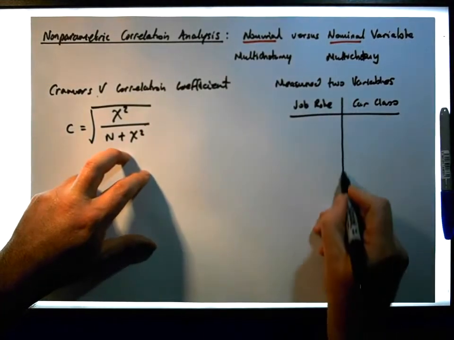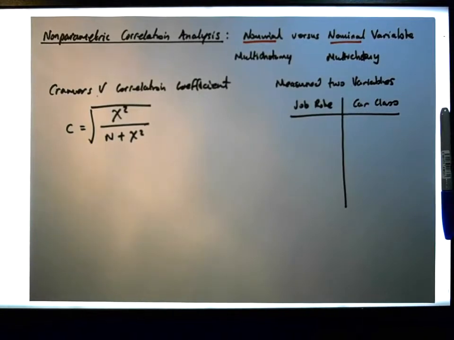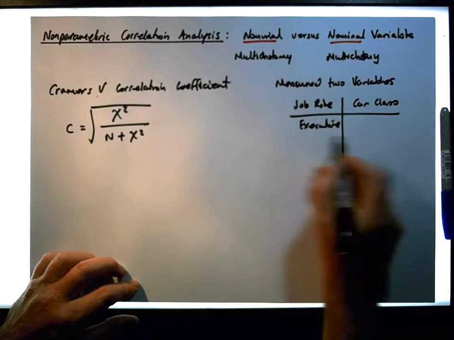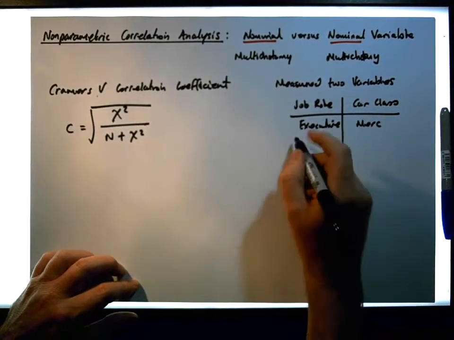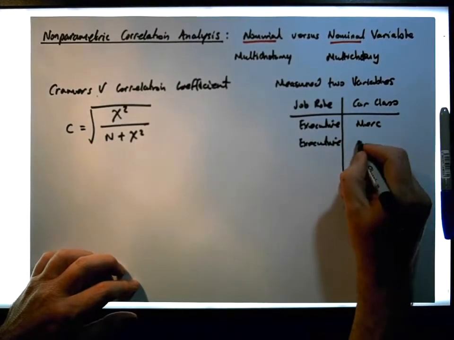So we measure two variables. For job role, let's say we have three categories. The first person measured was an executive, and they drove a Mercedes, let's just call that Merc. The next person was an executive, and they also drove a Merc.